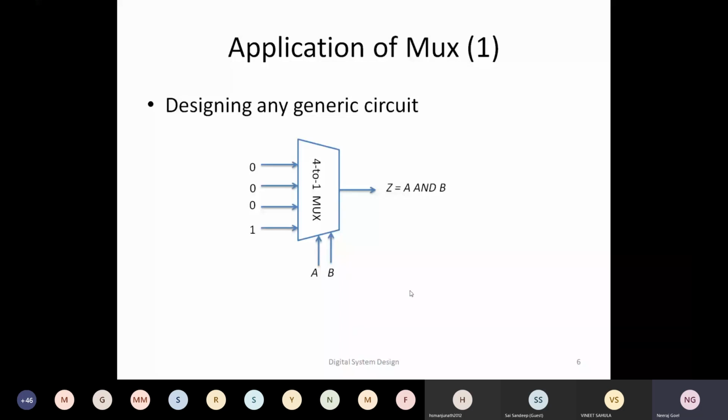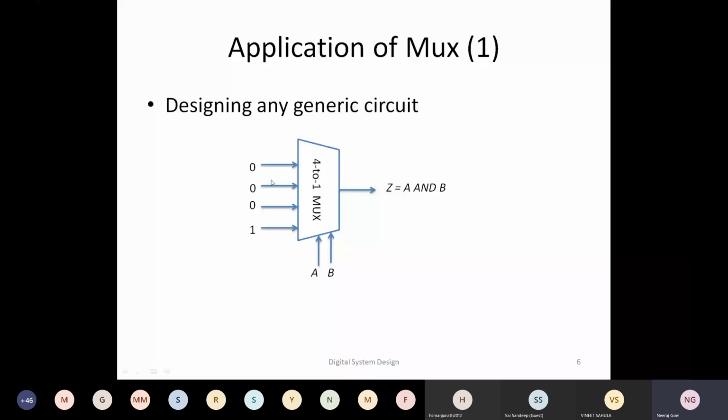We have to understand that there are overall 2^4 possibilities of these functions. So with 2 inputs, we can create 16 functions, and any one of those 16 functions can be implemented by a 4:1 multiplexer.